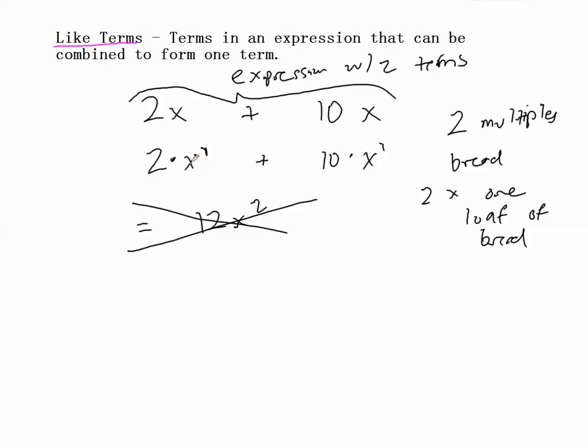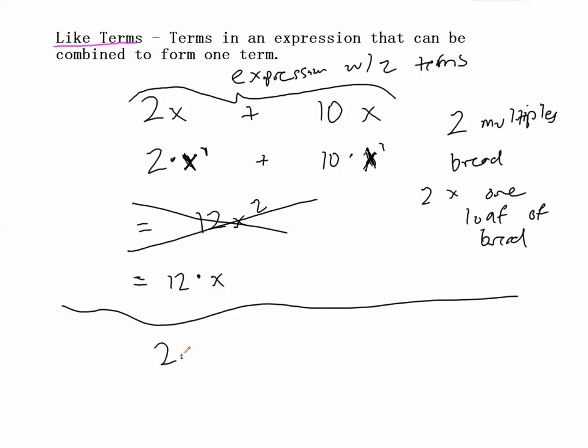So we have 2 copies of x here and 10 more copies of x over here. In total we have 12 copies of x. All it takes is to recognize that x is the same object here and over here.